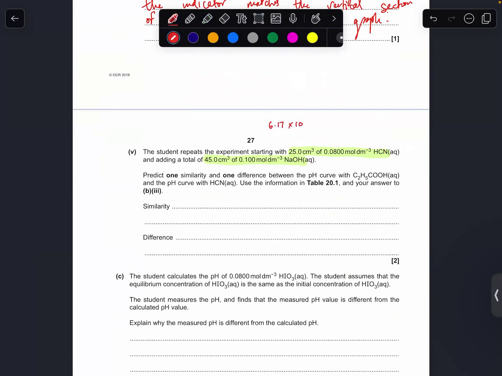6.17 times 10 to the minus 10 equals, the concentration of it is the same. So I'm trying to do this in my head. Just multiply that by 0.08. If we square root that, that will give us the H plus concentration, and the pH, therefore, will equal minus log to the base 10 of that.